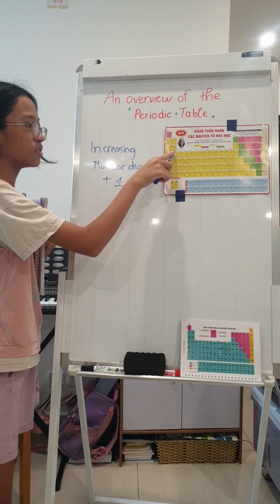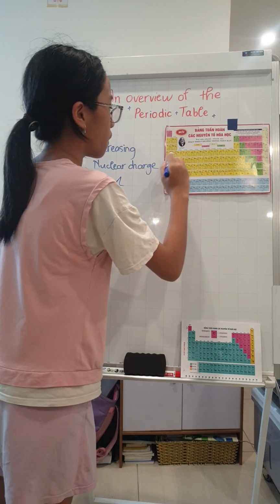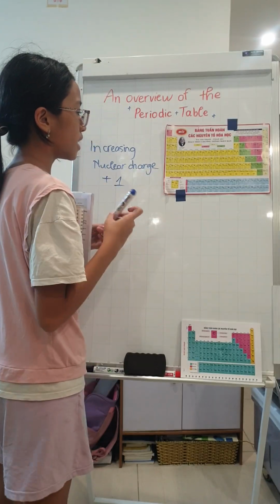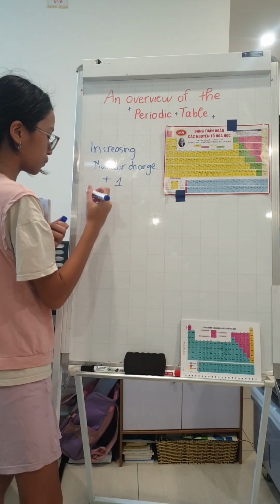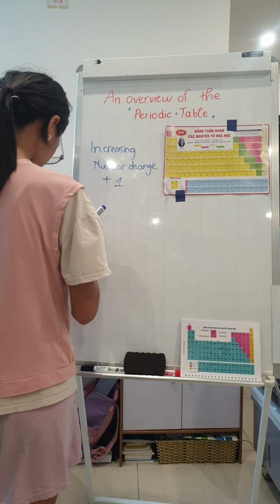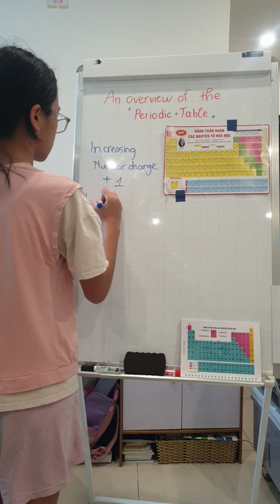They call these rows periods. They are horizontal rows here. These are called periods. So first we're going to learn about the structure.